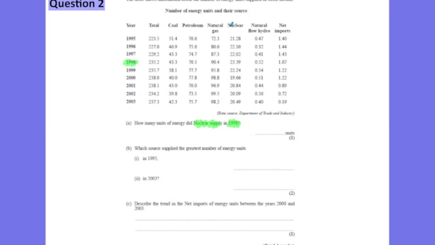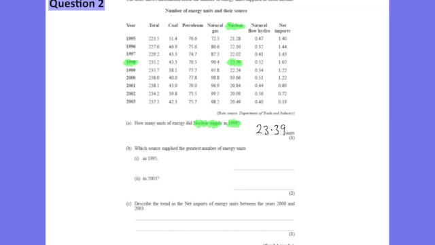So we're looking here at the row for 1998, and we're looking for nuclear. So this is the value we are reading from the table, 23.39 units.